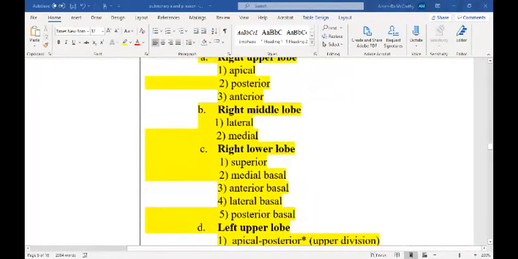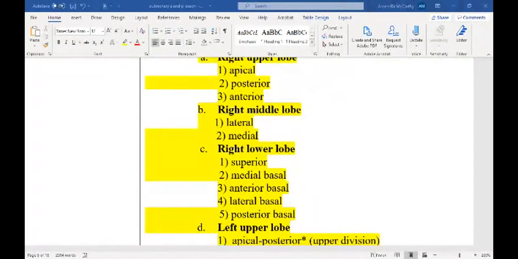The right lower lobe has 5 segments, superior, medial basal, anterior basal, lateral basal, and posterior basal.